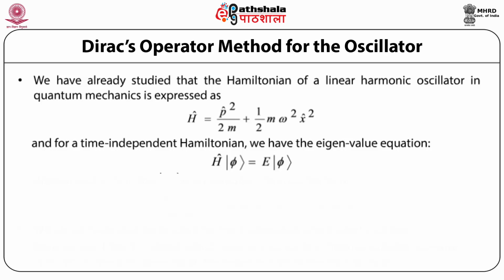We have already studied that the Hamiltonian of a linear harmonic oscillator in quantum mechanics is expressed as operator H is equal to momentum operator square upon twice mass plus half times mass into square of the angular frequency into square of the position operator.